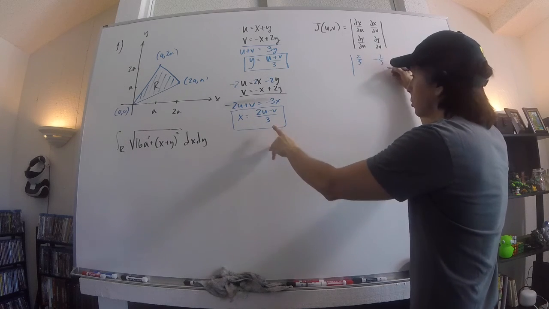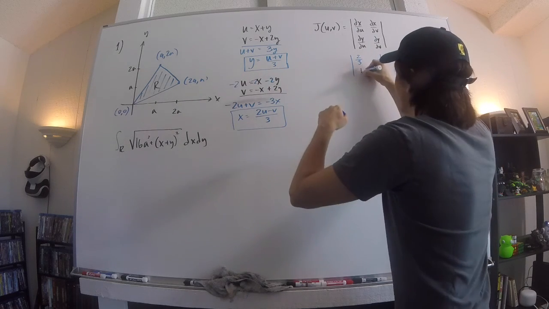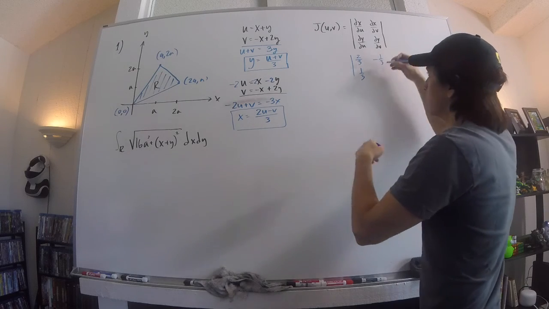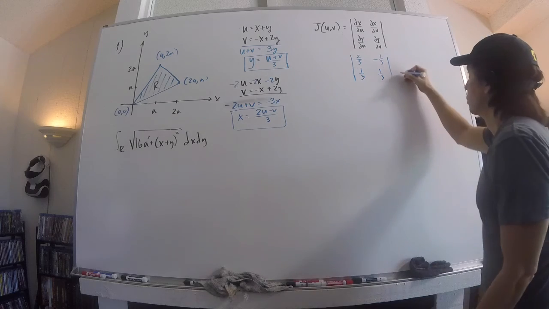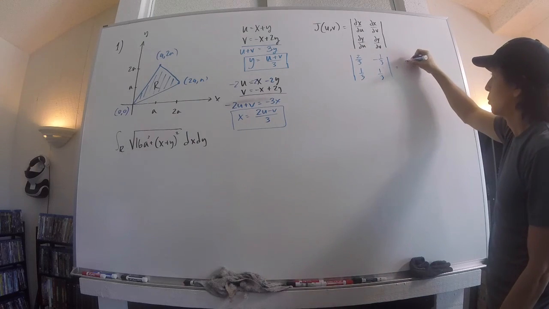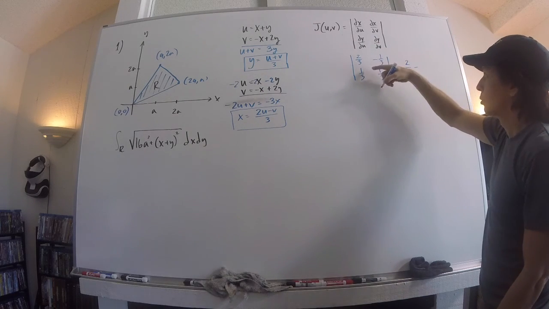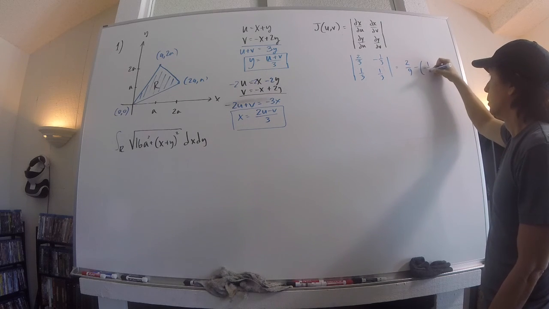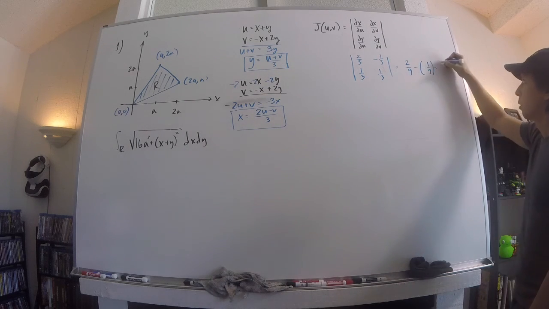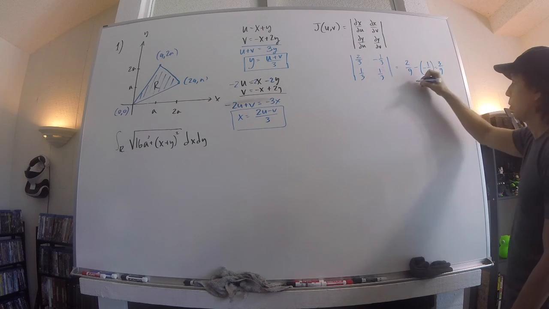Watch your signs. dy du is 1/3, and dy dv is another 1/3. I'm doing the determinant, so it's going to be 2/3 times 1/3 is 2/9, minus, and that's negative 1/3 times negative 1/3 is negative 1/9, and so it's going to be 3/9, which reduces to 1/3.